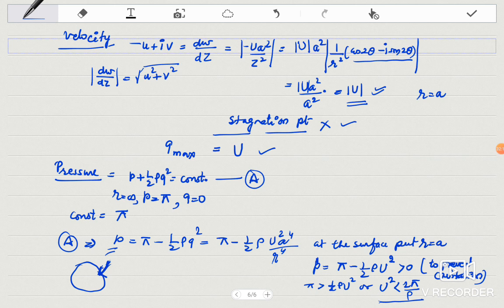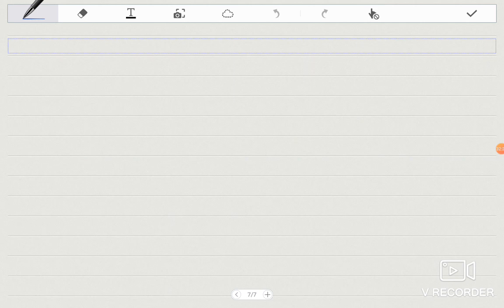Similarly, you may calculate the kinetic energy. We have defined in Green's theorem that kinetic energy is rho by 2 integral of phi del phi by del s ds.